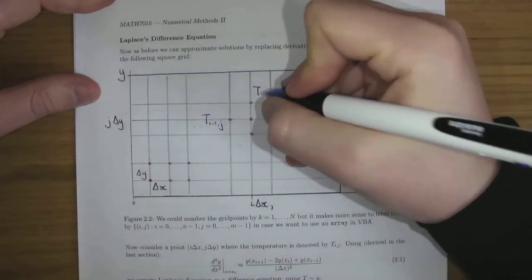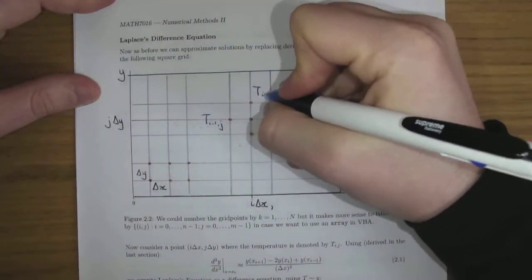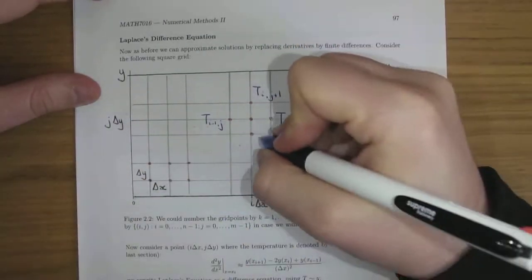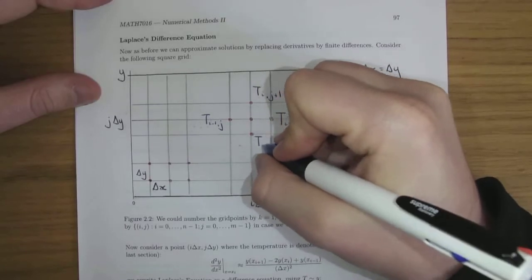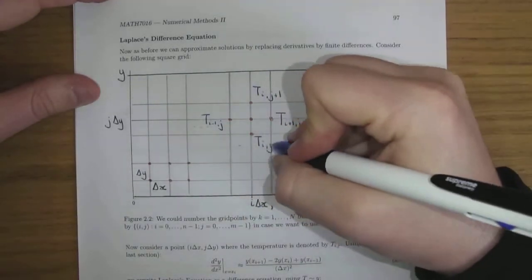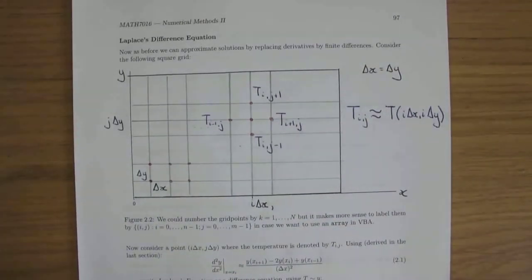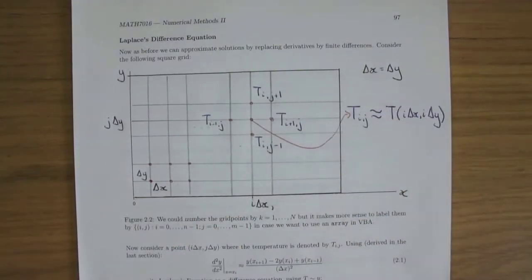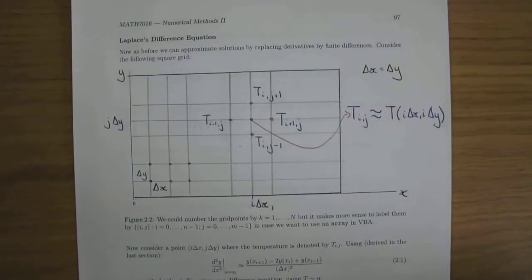This one has the same x coordinate, so it's T i, but it's 1 up in the y, so it's j plus 1. And this one is T i, because it's the same distance along the x, and j minus 1 along the y. And the point I'm actually interested in, the middle point, is T i j. Okay, so this is the setup.